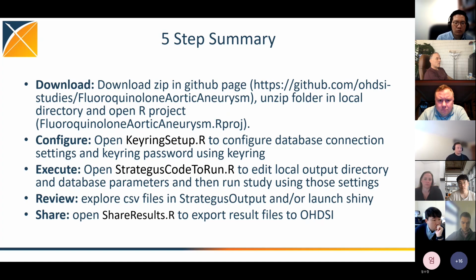We execute the study using the Strategus code to run.r to edit the local output directory and database parameters, and then you can actually just run the study using those settings. Once that's done, you can review the results using a text editor to review the CSV files, or you can launch a Shiny app, which I'll show you how to do in a moment. And then finally, you can share the results using the share results script that I just showed earlier.